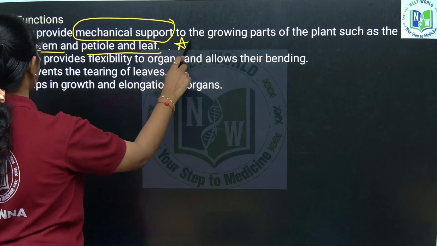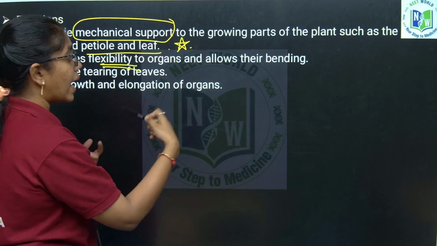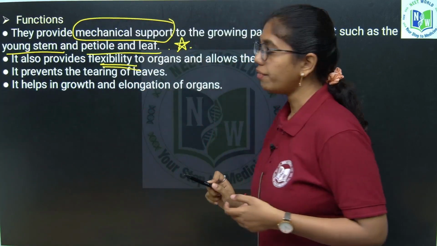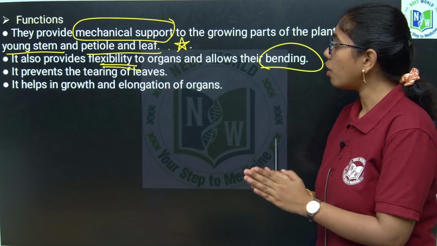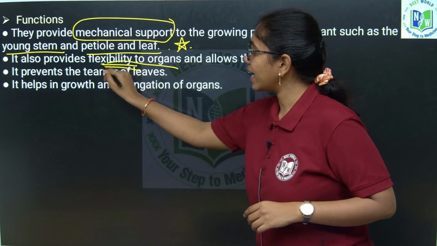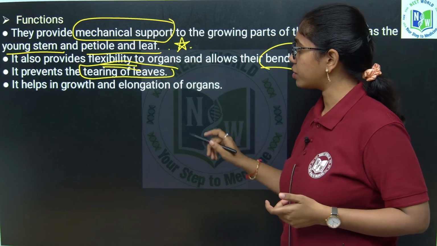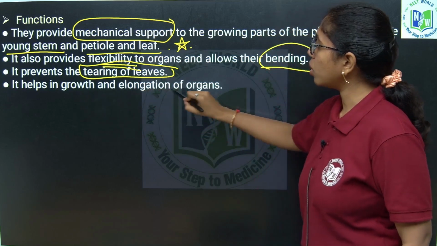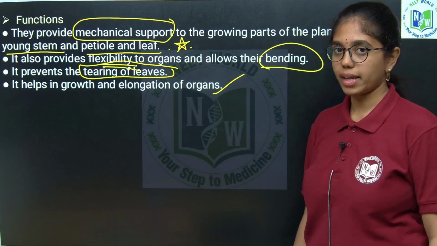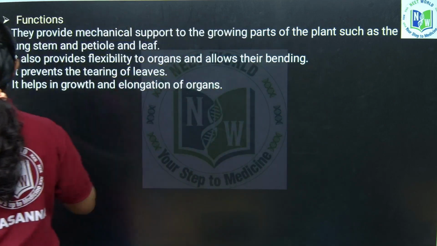Next, it provides flexibility to the petiole and allows the bending of leaves. It prevents the tearing of leaves, as the tissue is strong and tough. It also helps in growth and elongation of organs. These are the important functions of collenchyma.